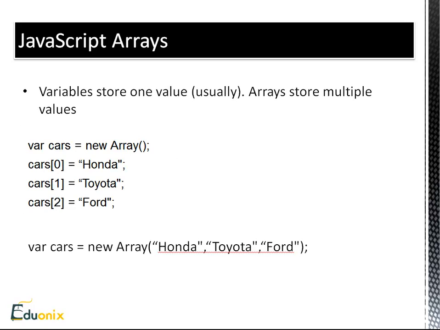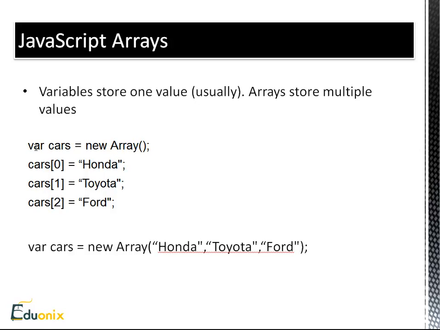So arrays. Most programming languages also use arrays, which are basically just a variable that holds more than one value. And in JavaScript there are a few different ways we can declare and add values to an array. In this example we're saying var cars, declaring a variable called cars, equals new Array. So we're saying that this variable is an array.